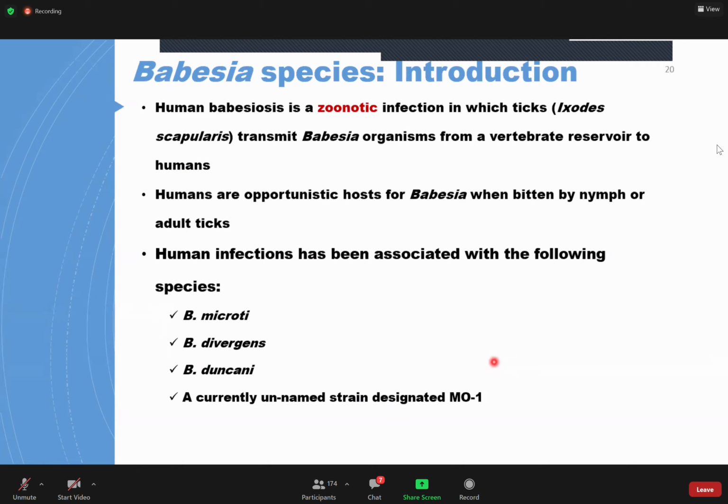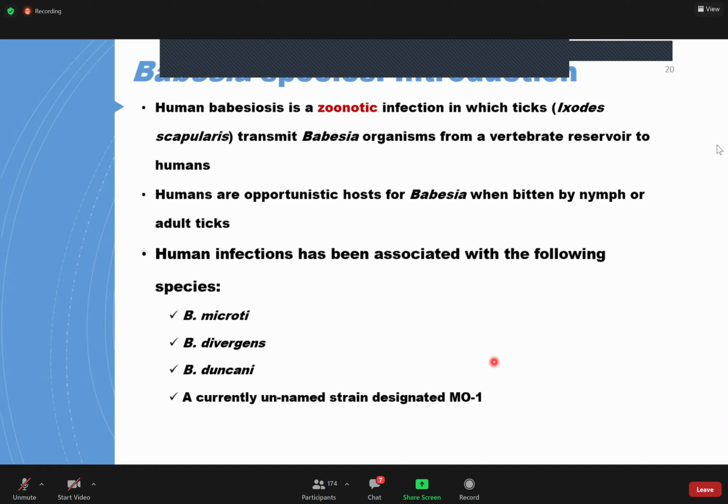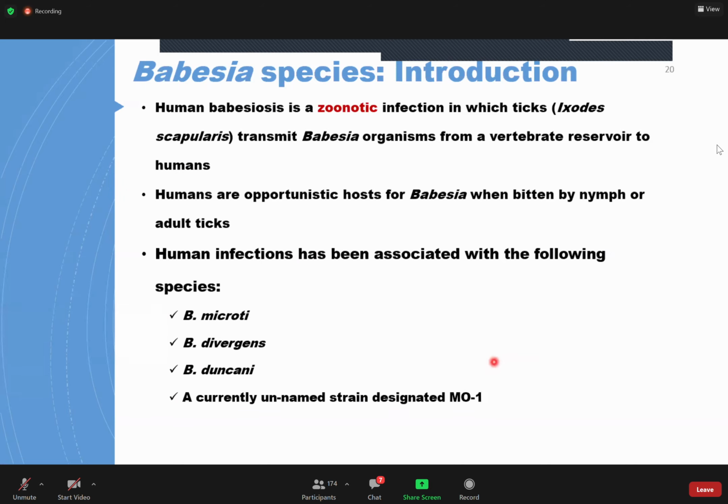So Babesia species is an example of a zoonotic infection. So we get this from animals, because animals are the reservoir of infection in the human population. The usual agent of transmission is Ixodes scapularis.